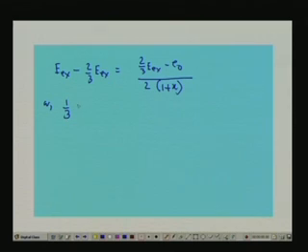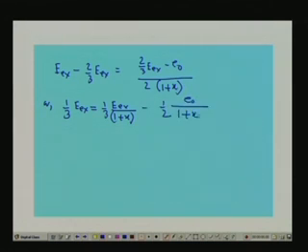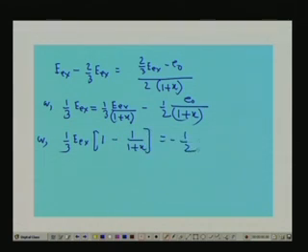1 by 3 Ex equal to 1 by 3 Ex (1 plus X) times half of E naught (1 plus X), or if I take 1 by 3 X common, it will be 1 upon 1 plus X equal to half of E naught upon 1 plus X, right.